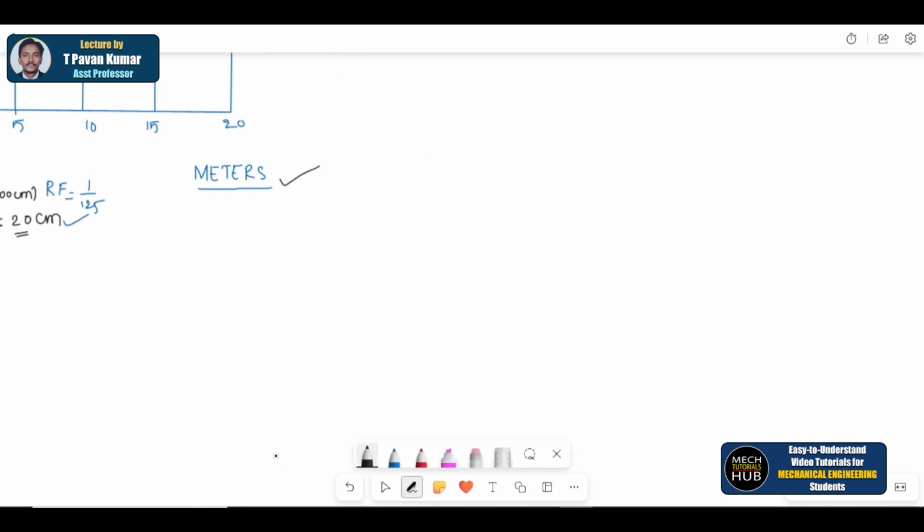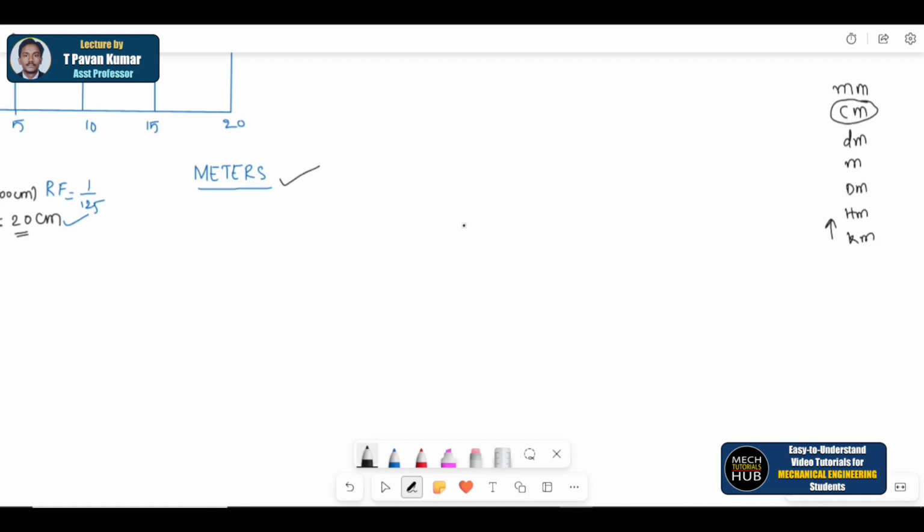Like for example, if the problem is given in millimeters or centimeters, decimeters or meters, decameters or hectometers or kilometers, then we are trying to convert everything in centimeters as we can measure centimeters with our scale, whatever the scale we are using. That is the reason we are converting everything to centimeters, finding the length of the scale and constructing it.